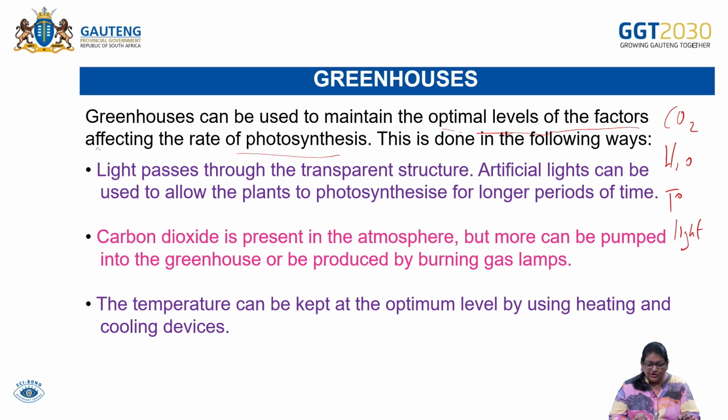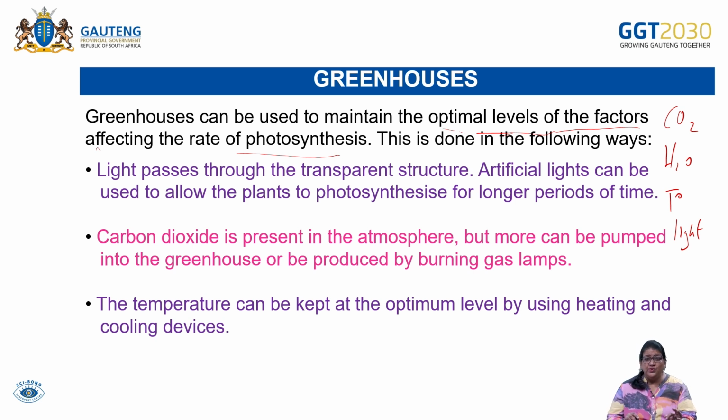So light passes through the transparent structure, or if there's no light, if it's very, very dim, a very cloudy day, then within the greenhouse the farmers actually put artificial light sources, like certain kinds of lamps, which increase the light intensity within the greenhouse and allow the plants to photosynthesize for a longer time.